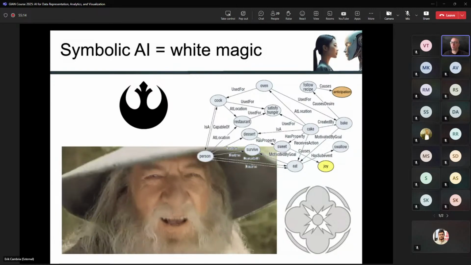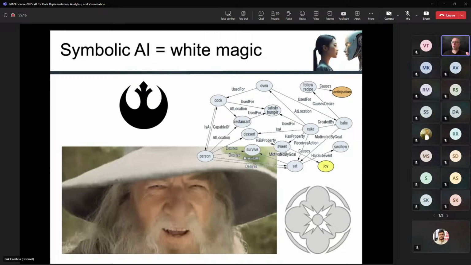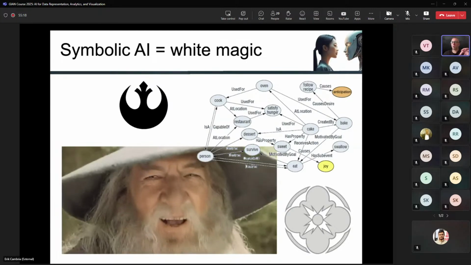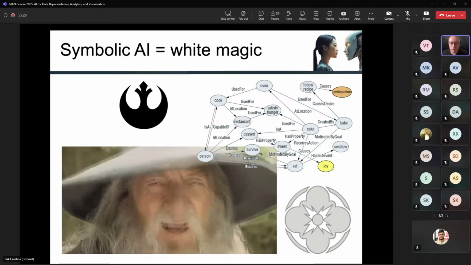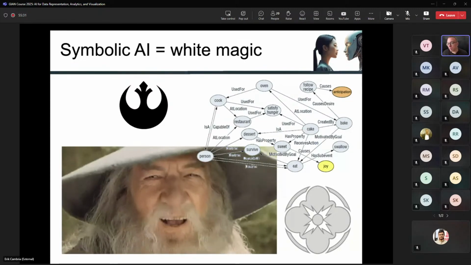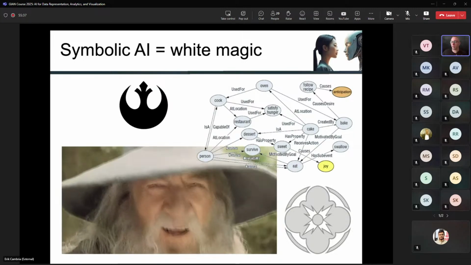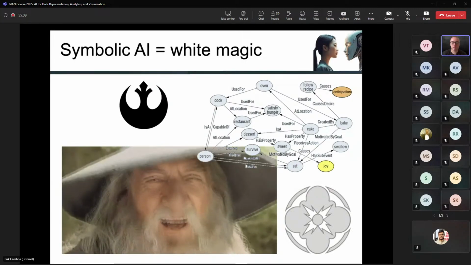Why? Because among all these concepts, there will be some that will only have inward links and no outward. So one way of defining a super primitive is based on that. If it's a node in my semantic network that is only receiving links and doesn't have any outward link, that's a primitive.